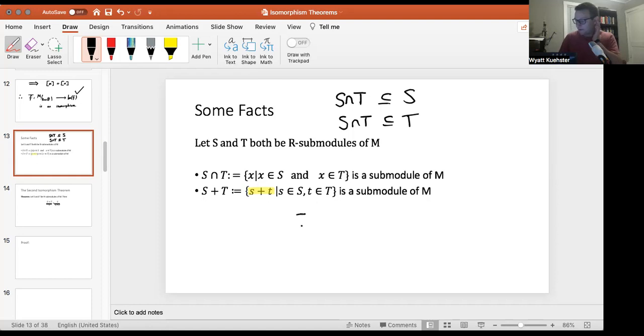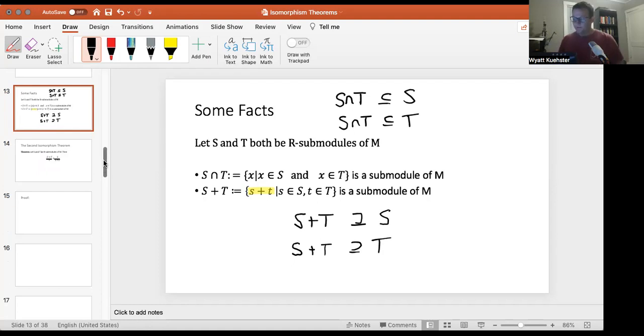Anyway, S plus T is bigger, meaning it contains S and it contains T. So it contains both of the two original submodules. And you can see that it contains S because S is just the set of elements of the form little s plus 0, where little s is anything in S. Okay, so those are submodules.